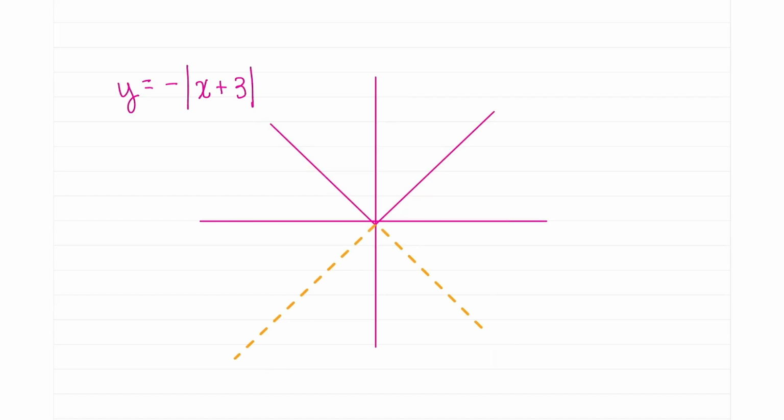So let's go ahead and apply that transformation. We started with our pink function. I drew the transformed reflected graph in orange. And now, if you remember, we have a negative built into the formula. This is going to be our parent function here.